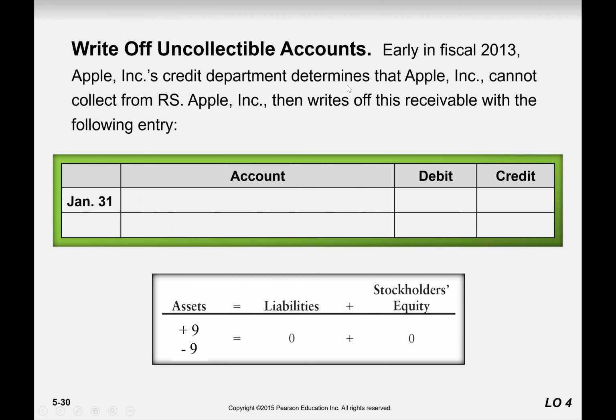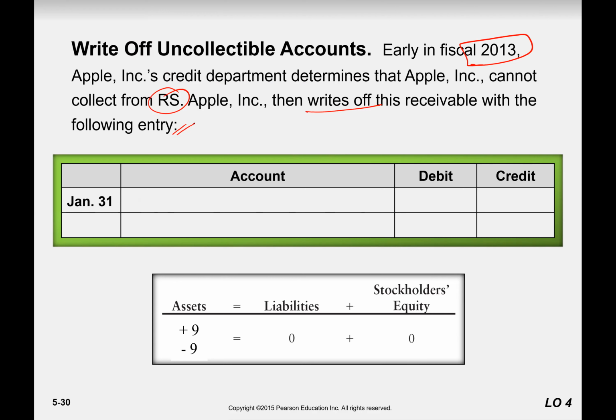Now what happened? Early in fiscal 2013, Apple Incorporation's credit department determines that it cannot collect from RS. So then write off this receivable with the following entry.